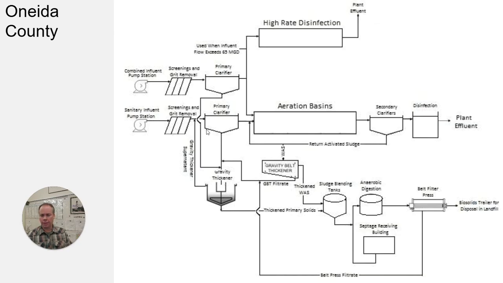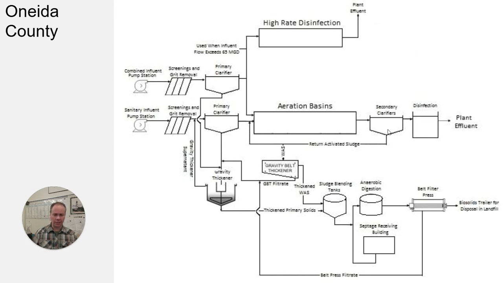After primary clarification, basically the water's sitting in these pools, solids are settling out, and then the liquid moves on to secondary treatment. This is where air is added. Sludge from the waste is also added to provide those bacteria. And here bacteria are aerobically breaking down organic matter that's in that liquid.